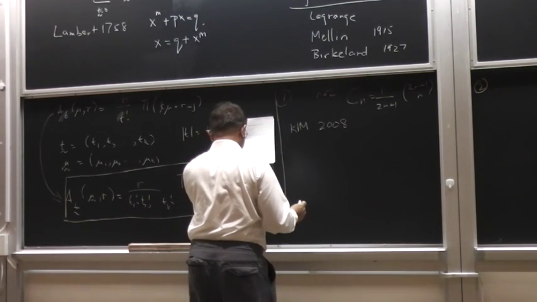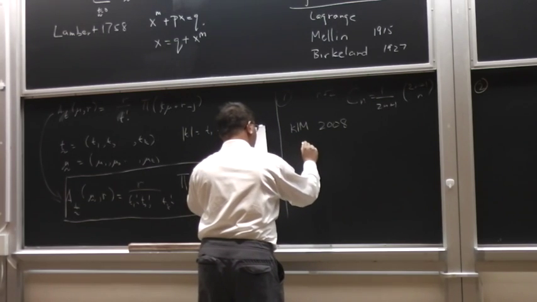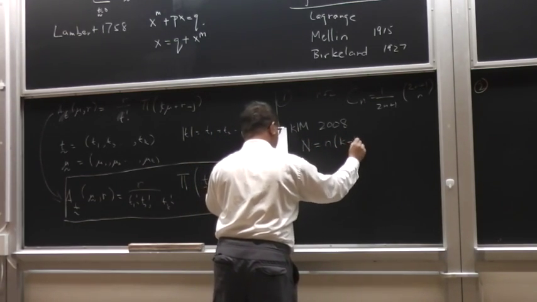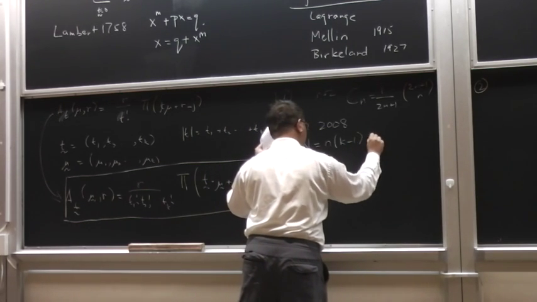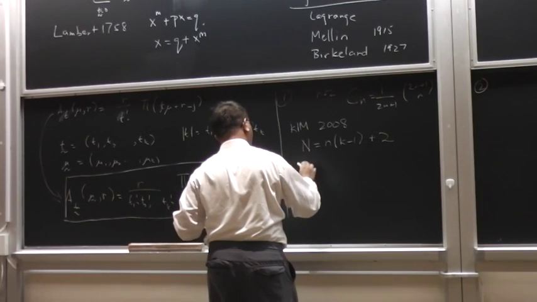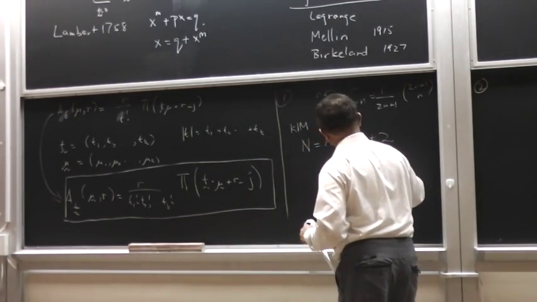And the theorem is that the number of vertices is n of k minus 1 plus 2. That's the number of vertices in the polygon. And that's how you can partition that into k plus 1 gons.